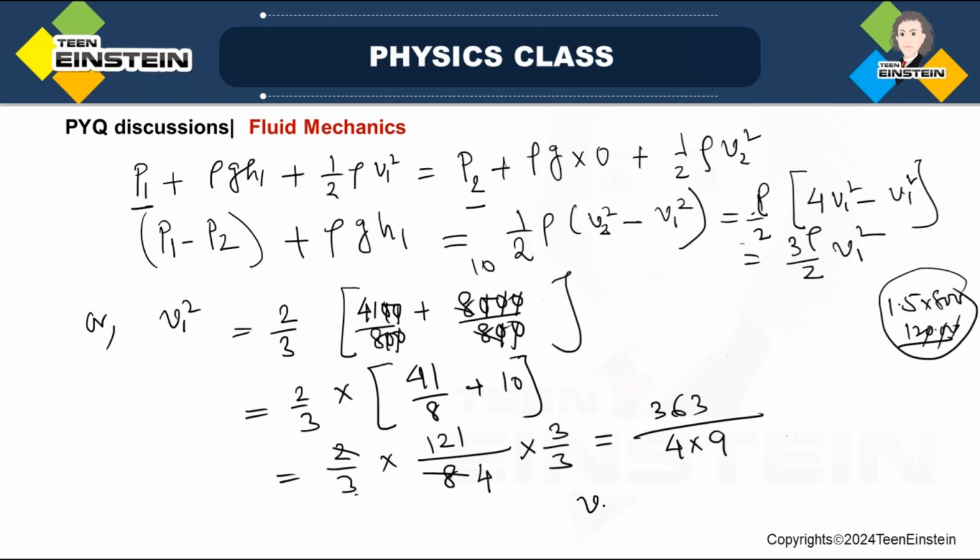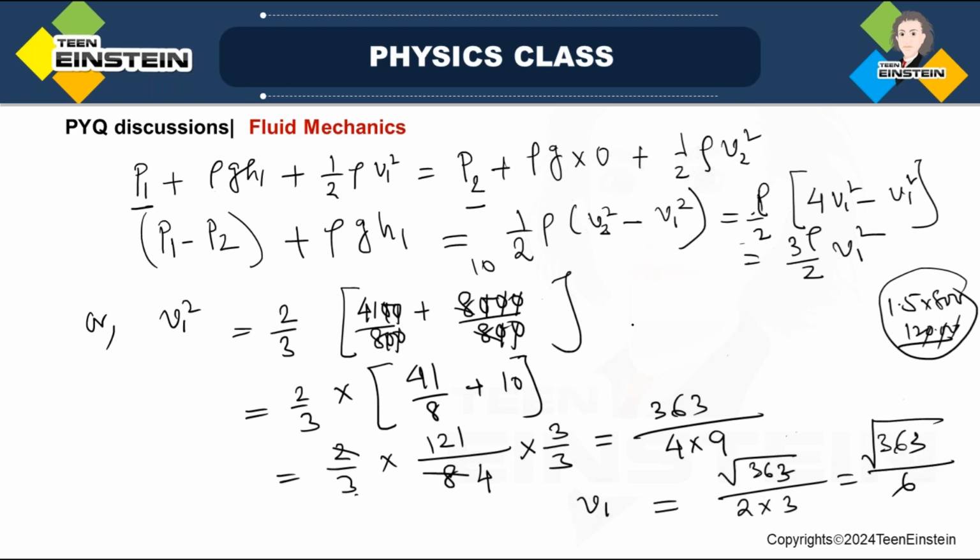Okay, now I think earlier also things were all right. Okay, this is 363 and this will be 2 into 3. So square root of 363 divided by 6.